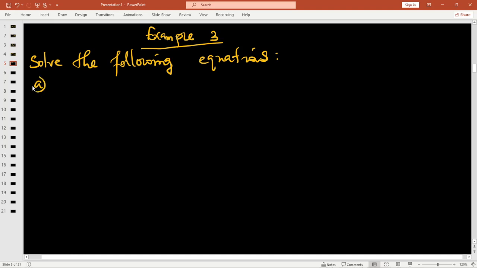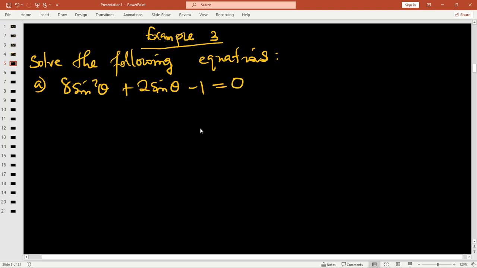So A, we have 8 sine squared theta plus 2 sine theta minus 1 equal to 0 here.